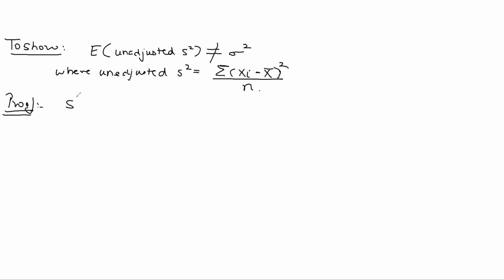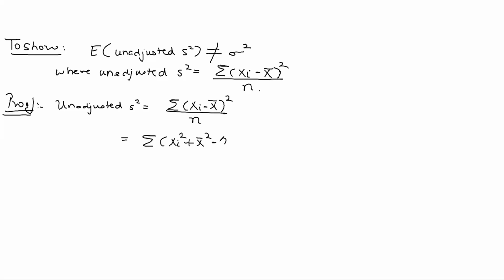So my unadjusted s square is summation xi minus x bar square upon n, which I can write as summation a square plus b square. Again, we use this identity as i goes from 1 to n, whole divided by n. So I can write 1 upon n times summation as i goes from 1 to n xi square.